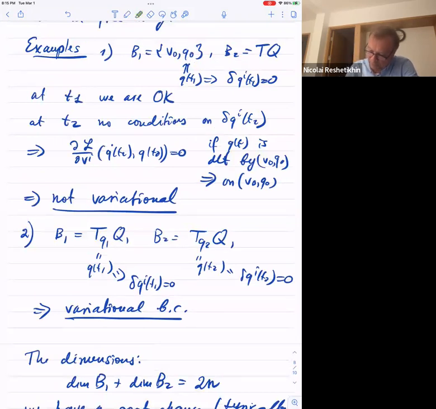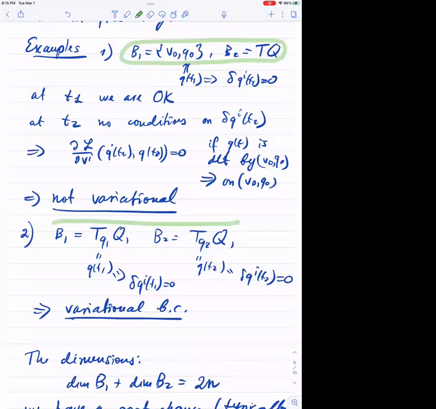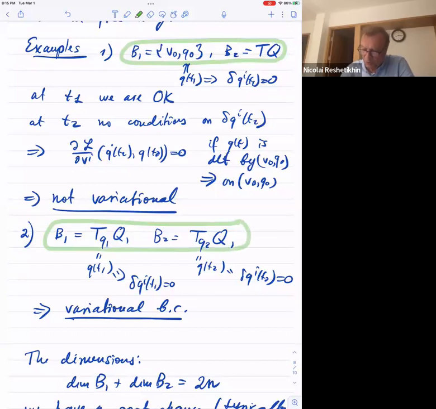So we have two very different cases. In one case, we fixed both the velocity and the coordinate at the initial point, and we didn't fix anything at the target point. In the other case, we fixed coordinates in both initial and target point. In quantum mechanics, there is this indeterminacy principle that you cannot measure both coordinates and momenta at the same time.